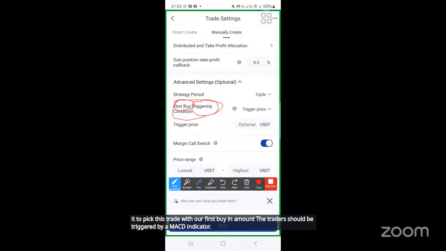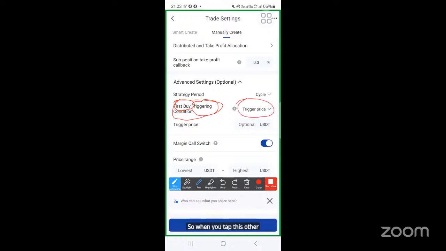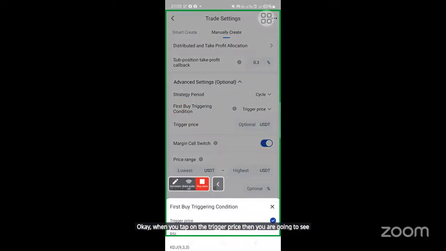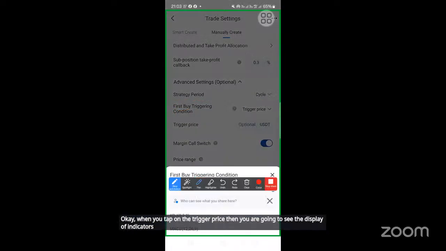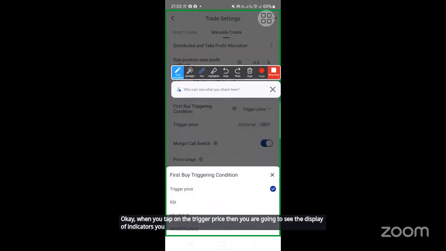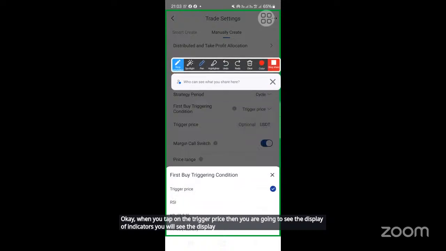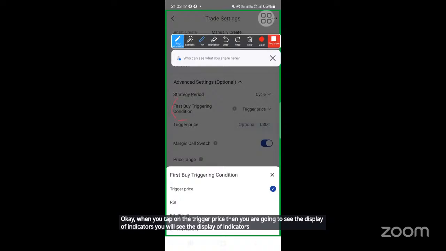When you tap this other area, it is called trigger price. When you tap on the trigger price, you are going to see the display of indicators. It should be an indicator, one of these.